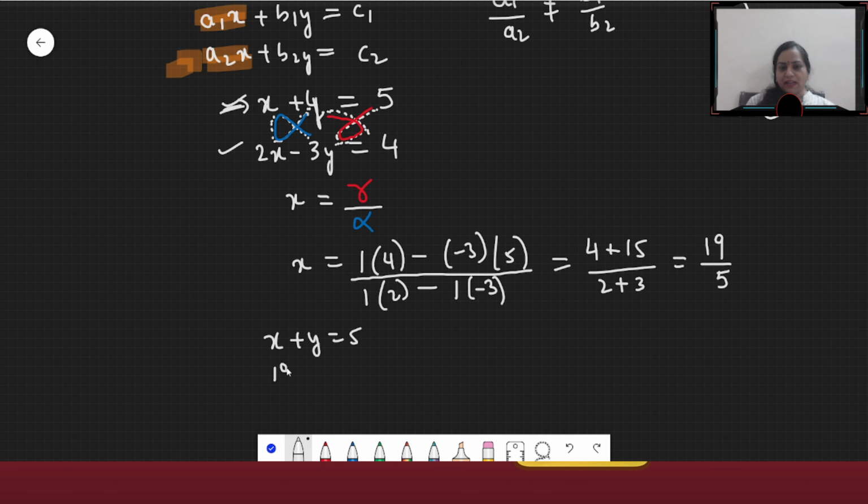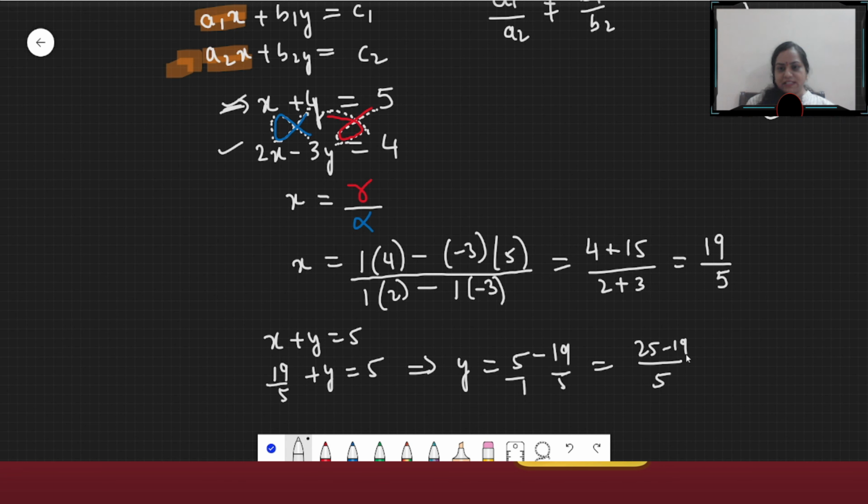I will get 19 by 5 plus y is equal to 5. We'll transpose 19 by 5 to the other side, so you'll get y is equal to 5 minus 19 by 5. This is nothing but, take the LCM of 1 and 5, which is 5. 5 5s are 25 minus 19.